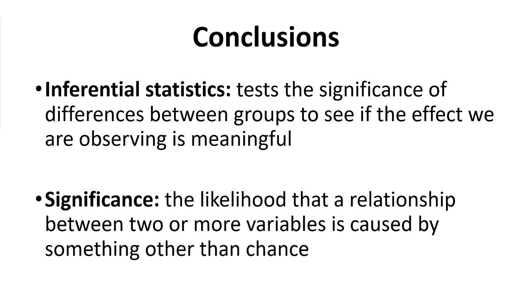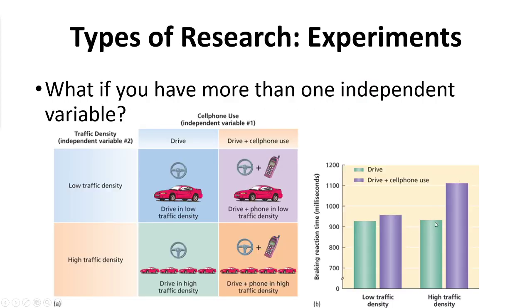And specifically, we're going to look at inferential statistics, where we're going to test the significance of differences between those groups. So we want to see if the effect that we're observing, the difference between those two groups, is meaningful, if it's significant. And so we can talk about significance as the likelihood that a relationship between two or more variables is caused by something other than chance, which is basically a fancy way of saying we want to look at the odds that the difference between these two bars is caused by the things that we're manipulating.